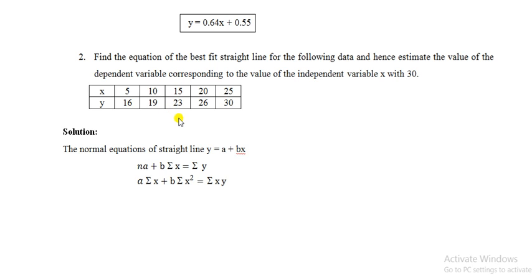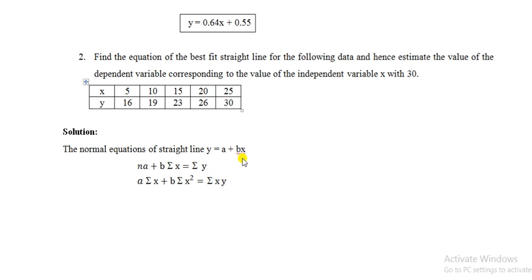Here we will use the equation of straight line as y equal to a plus bx. In the above problem we used the equation y equal to ax plus b. Here you can use either equation, and write its normal equations.